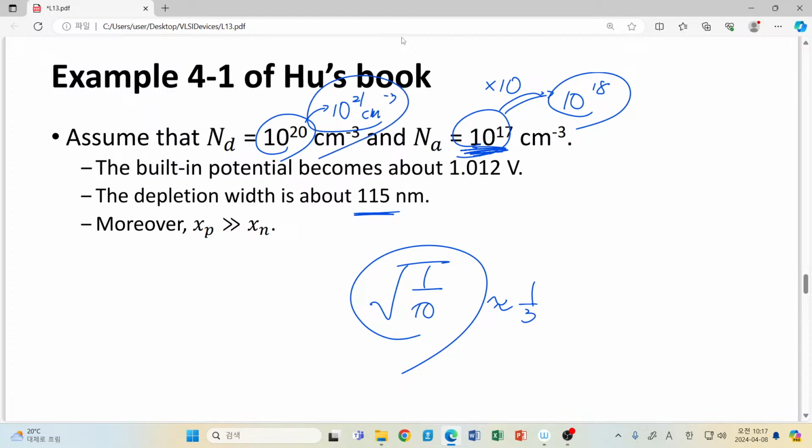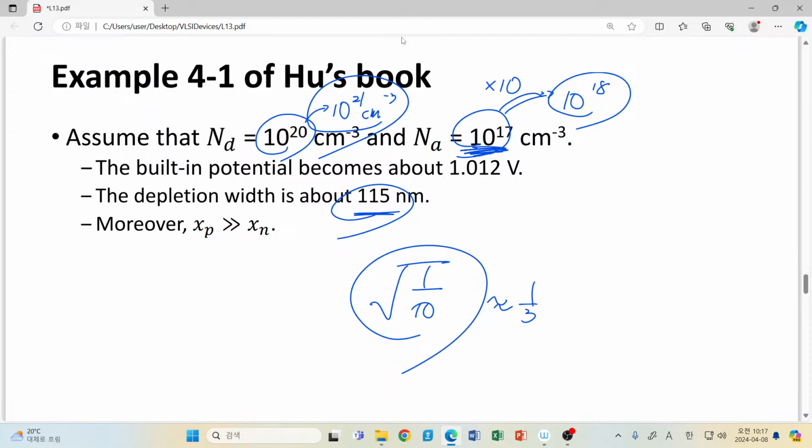The acceptor density is kept as 10 to the 17, but ND is increased by a factor of 10. What will happen to our depletion layer width? That doesn't introduce much difference, because 1 over ND was already quite small.